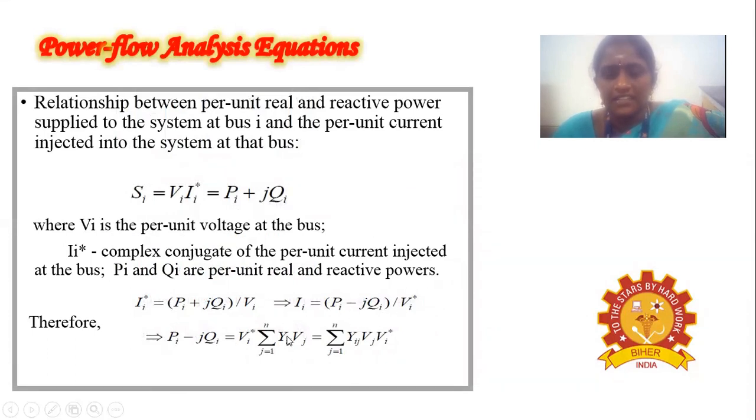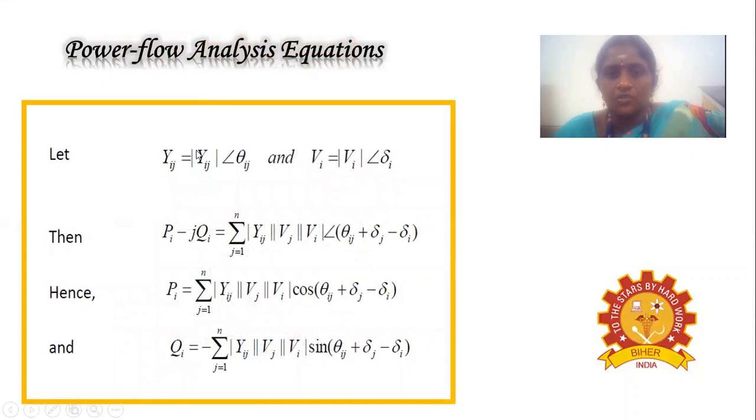So you get Vi star summation of j equal to 1 to N Yij Vj. Here Yij equals magnitude of Yij with phase angle theta ij, that is the admittance between the ith bus and jth bus. Then the voltage at the ith bus can be represented like this.